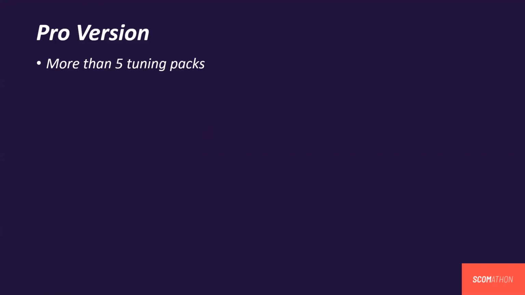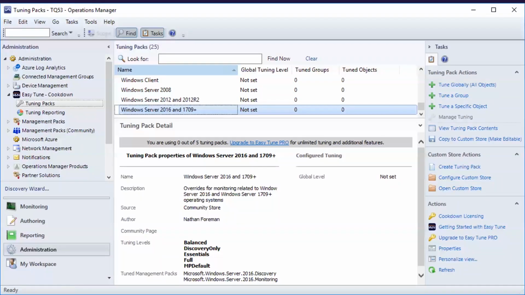All right, so let's first talk about the multiple versions of this. Looking back at the screenshot for a second, right in the middle you can see this gray area where it says you are using 0 of 5 management tuning packs. If you want unlimited tuning, you can move up to another version. In the free version, I can use 5 of these sets, and I can just tune something and look at how it works.